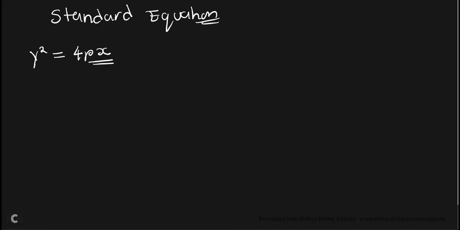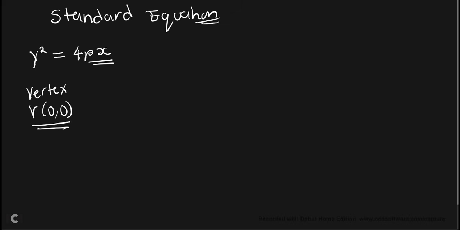I said that this is your standard equation when the vertex is 0, 0. When I say the vertex, it is the turning point. So when the vertex is 0, 0, your standard equation will be y squared equals 4p x. In my own understanding, or in simpler terms, the vertex will show you the type of equation that you are having.